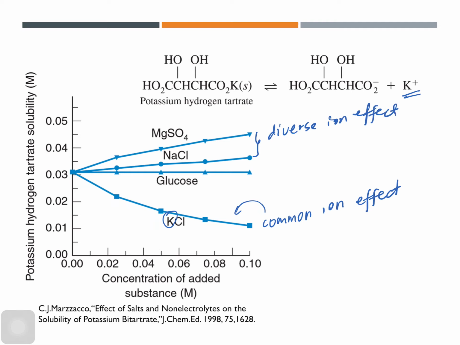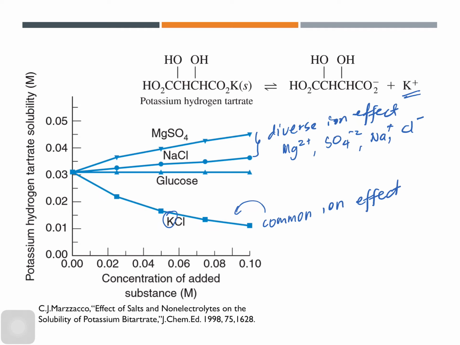So you can see there are no magnesium ions in our equilibrium system, nor sulfate ions, nor Na ions, nor Cl ions. Okay, so there are no Mg2+, no SO4 2-, no Na+, and no Cl- in this equilibrium system. So when you add those diverse ions, the solubility will really increase. That's the explanation given by the diverse ion effect.